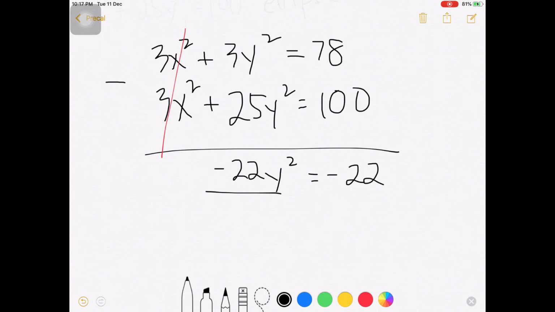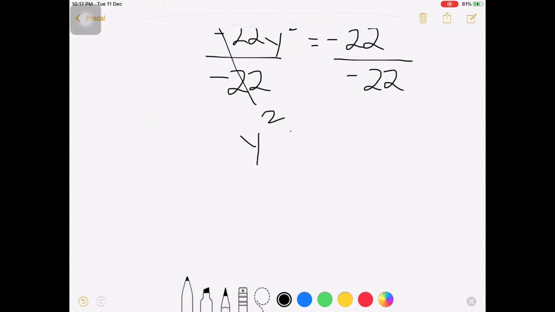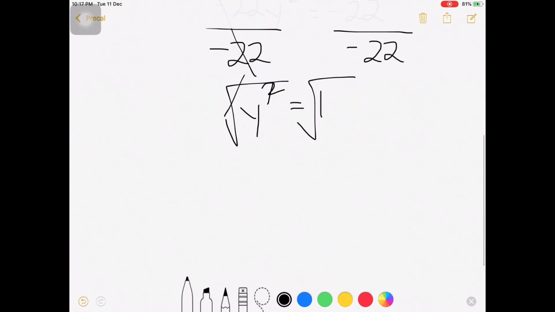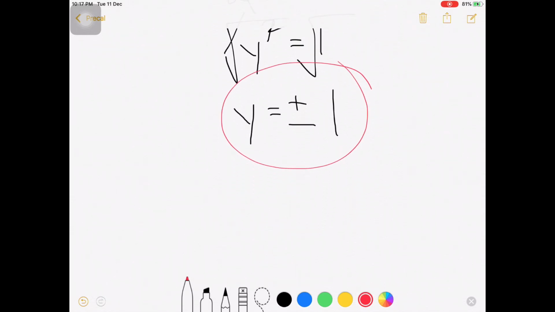Now we have to divide both sides by negative 22 so that y squared will be isolated. We will have y squared is equal to 1. And since y is squared, we have to take the square root. So then our y will be positive or negative 1. Now, we have our y values here, 1 and negative 1.